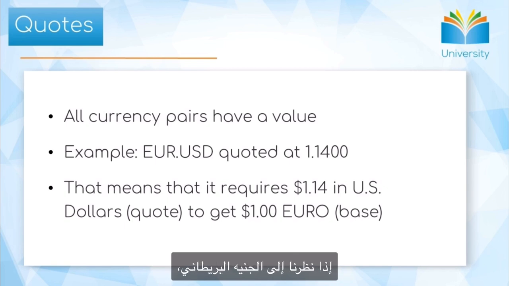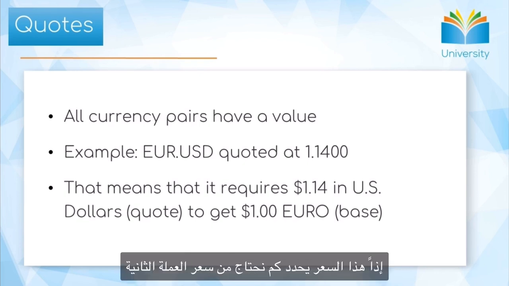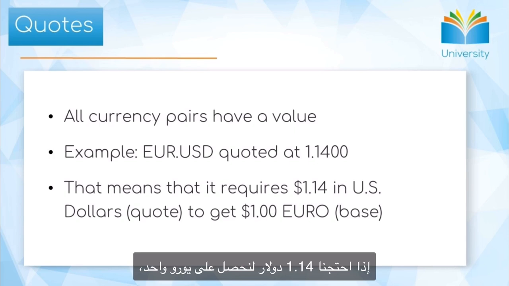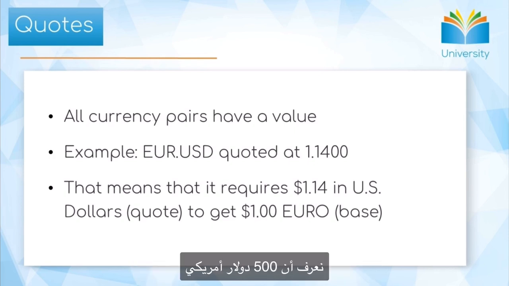If you get into the British pound pairs, it might take 2 Australian dollars to get 1 British pound. So this quotation is how many of the quote currency does it take to get 1 of the base currency. So if we were traveling to Europe and wanted to change our US dollars into euros, and it takes $1.14 USD to get 1 euro, we know our 500 US dollars will not stretch as far in Europe.